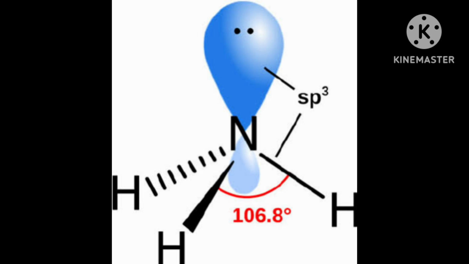All are single bonds. The bond length between N and O is 140.6 picometer. And from this oxygen, one hydrogen is attached.